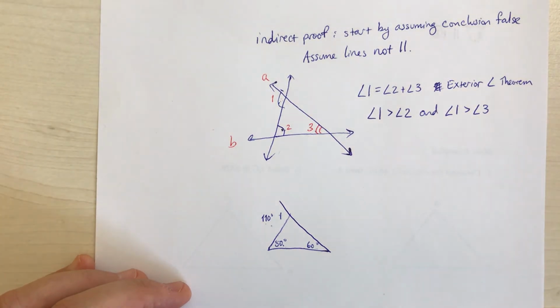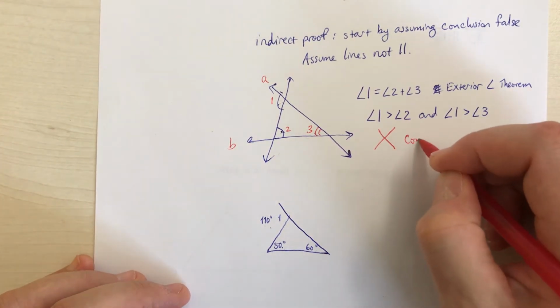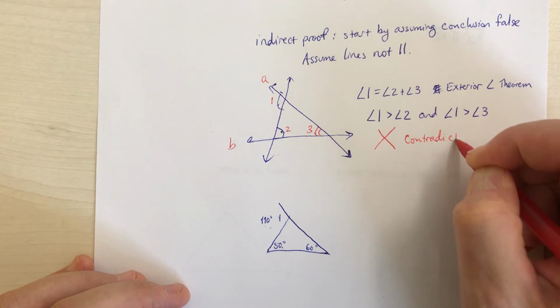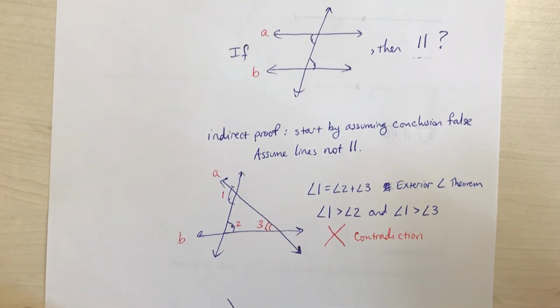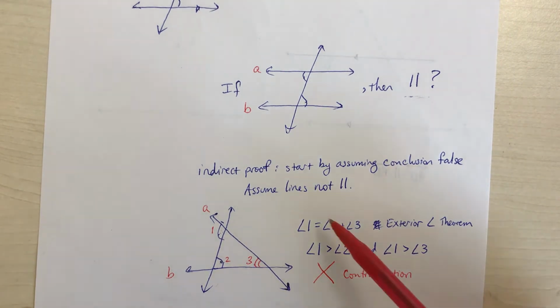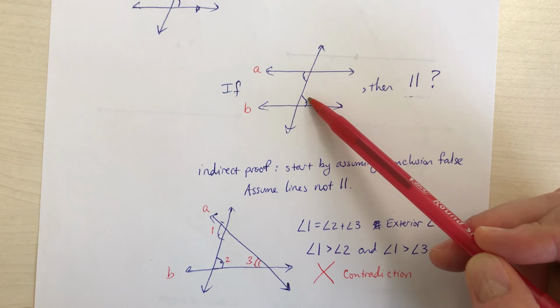But we have a problem here. I'm putting an X here, we've reached a contradiction. Because remember, what was given to us? The information was that the alternate interior angles were congruent, right?